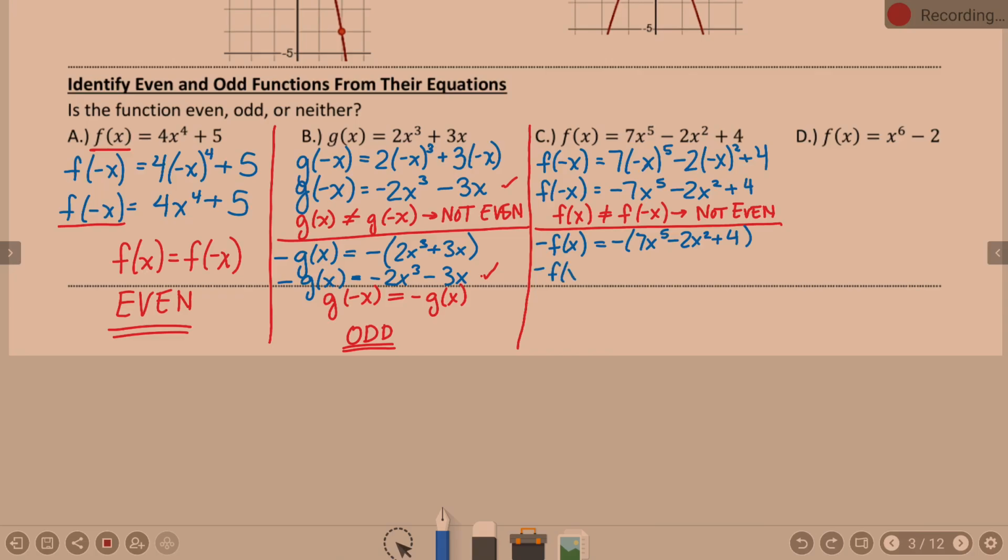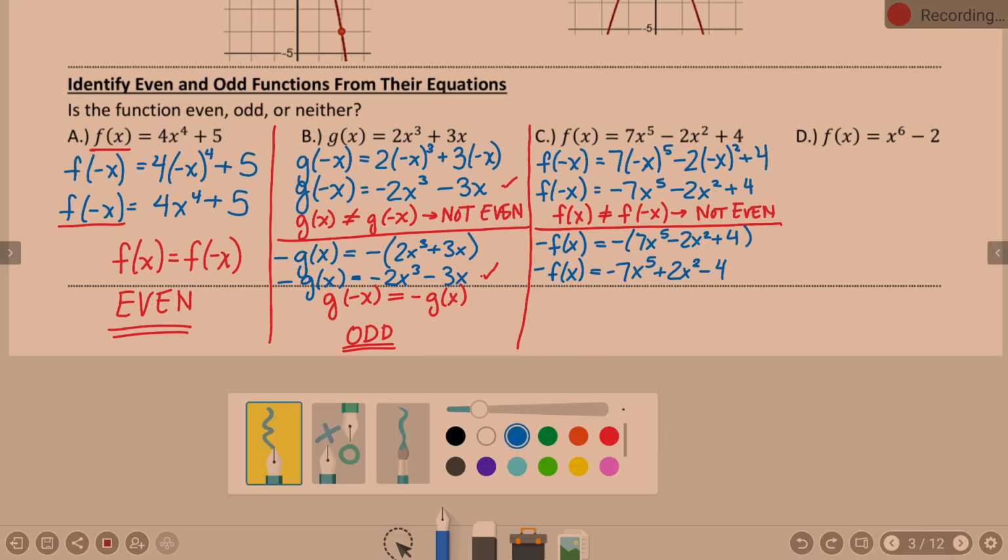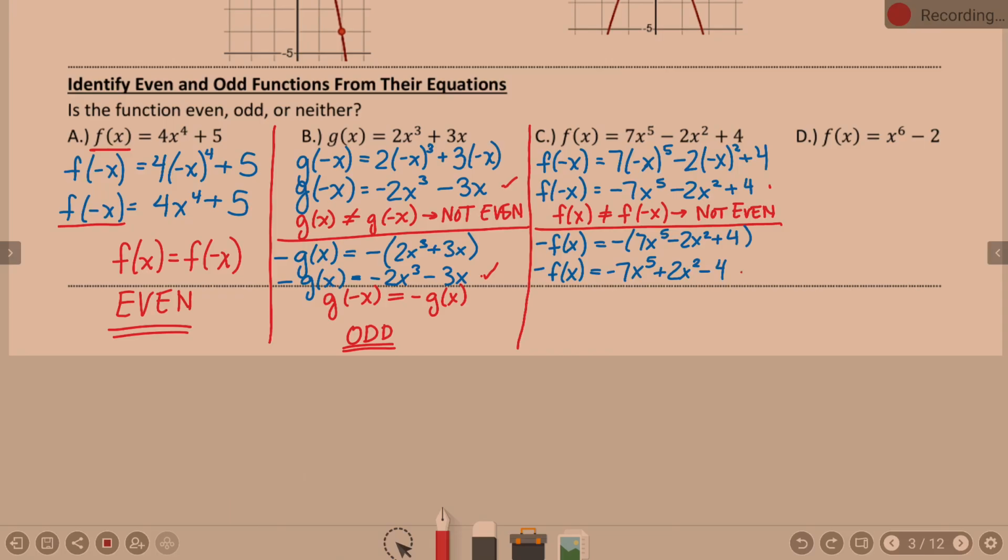So negative f of x, change all the signs. Becomes negative 7x to the fifth, plus 2x squared, minus 4. Well, what just happened? It's not odd, is it? Does f of negative x right here equal negative f of x?